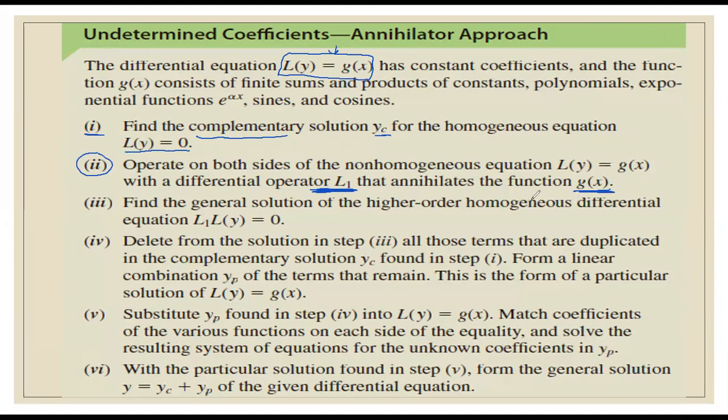Then you will apply it, or operate it, on both sides. So the g(x) will be 0, and I have a new differential equation. Because I applied L1, which makes g equal 0, I have here L1 and L equal 0. Now this one is a homogeneous differential equation.